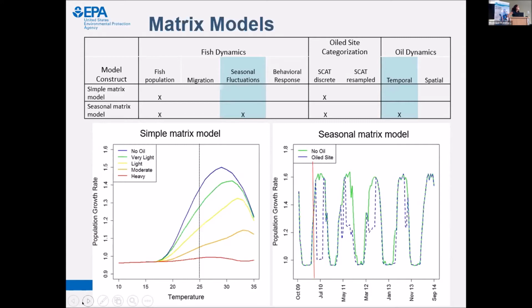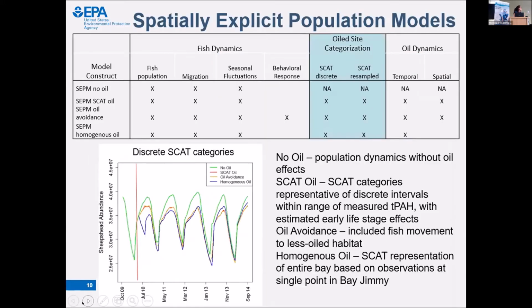Moving on now to the spatially explicit models, I presented all 4 of these scenarios together for comparison. Again, the red line indicates the timing of the spill. Again, we see the no oil in green and the single oiled site, the homogeneous oil, in blue, with relatively different impacts that first year. We now have two additional scenarios, which are the scat-derived oil contaminant and the oil avoidance, the behavioral response.